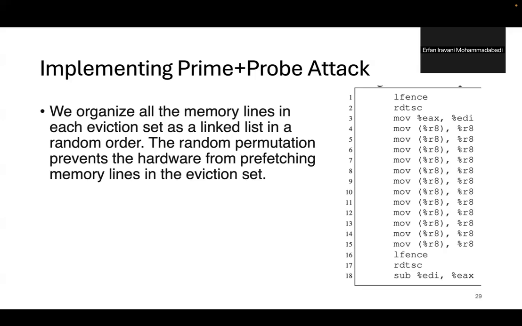In this code, you can see the register R8 is the head pointer of the linked list, and the RDTSC instruction, which we can see in lines 2 and 17, is used to measure the time to traverse the list. Each of the 12 move instructions reads one memory line in the eviction set and stores the pointer to the next memory line. Since each move instruction is data dependent on the previous one, access to the memory lines is fully serialized.